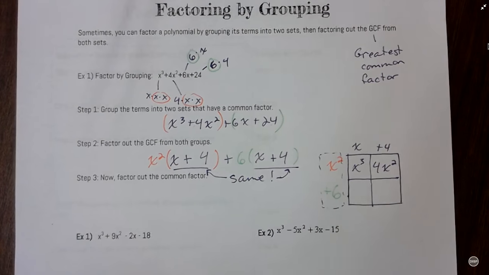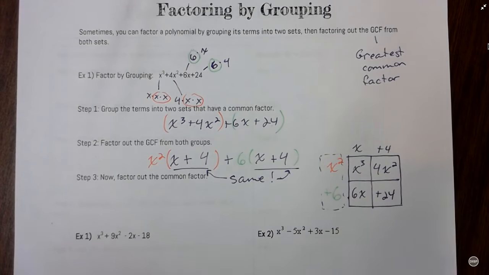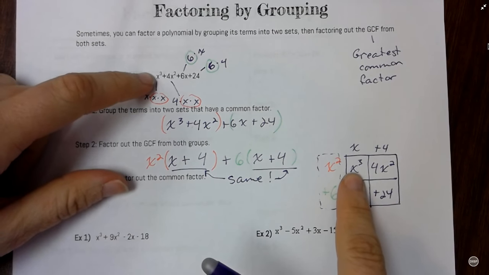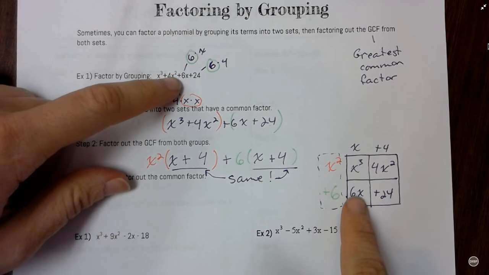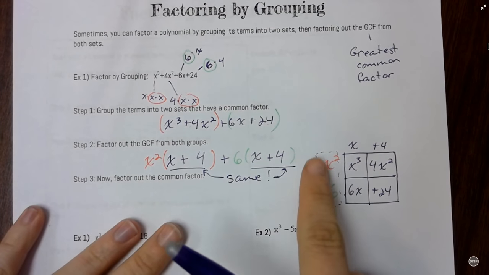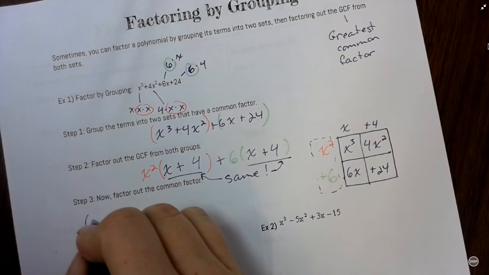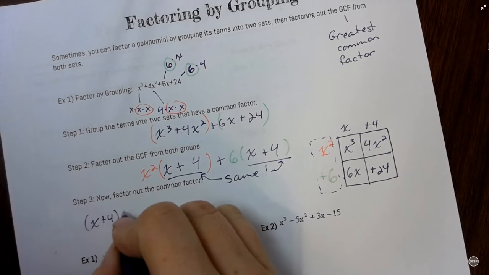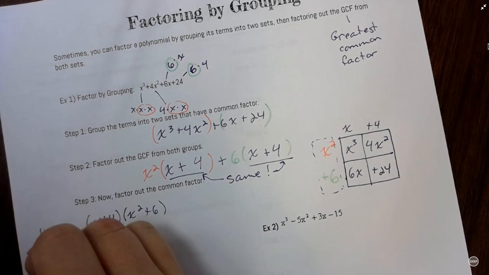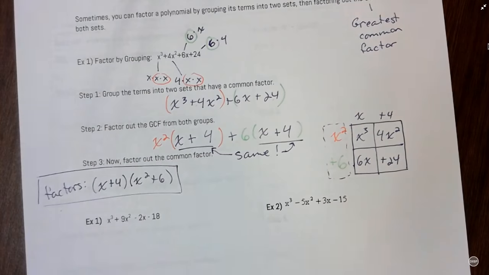And that's how I get 6x plus 24. So notice I managed to get my original again: x to the third power plus 4x squared plus 6x plus 24. And so I have my factors, x plus 4 times x squared plus 6. So let me write that down. And those are my factors. And then I'm done. I factored it.